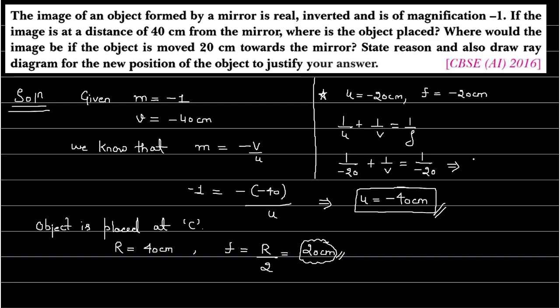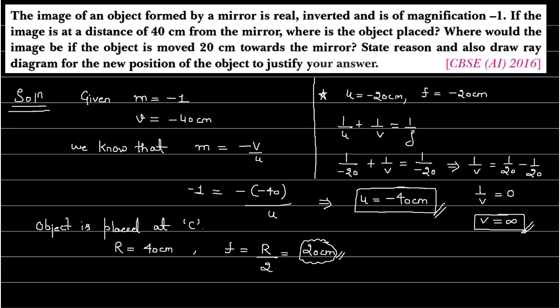If you solve it, 1 upon V comes out to be 1 upon 20 minus 1 upon 20. That means 1 upon V is equal to 0, so V is equal to infinity. That means the image is formed at infinity, right?